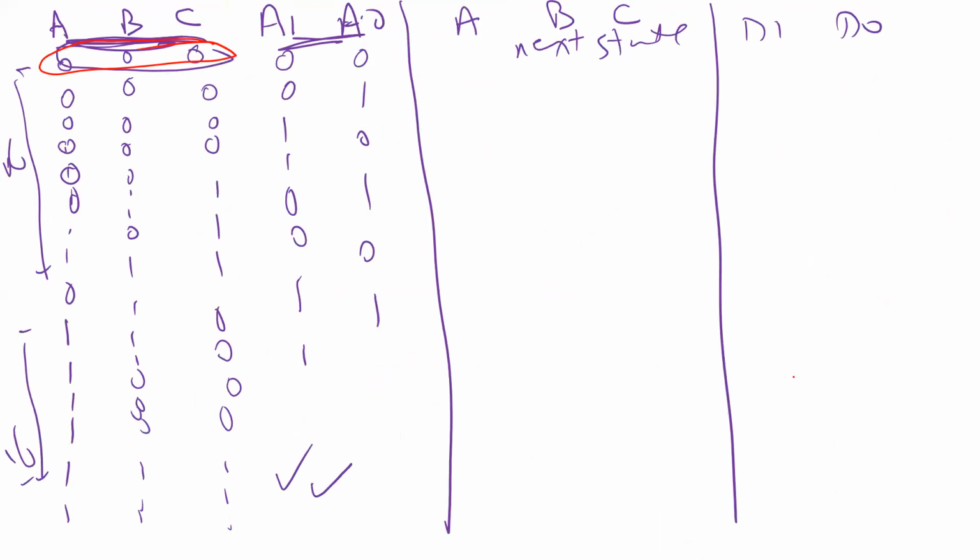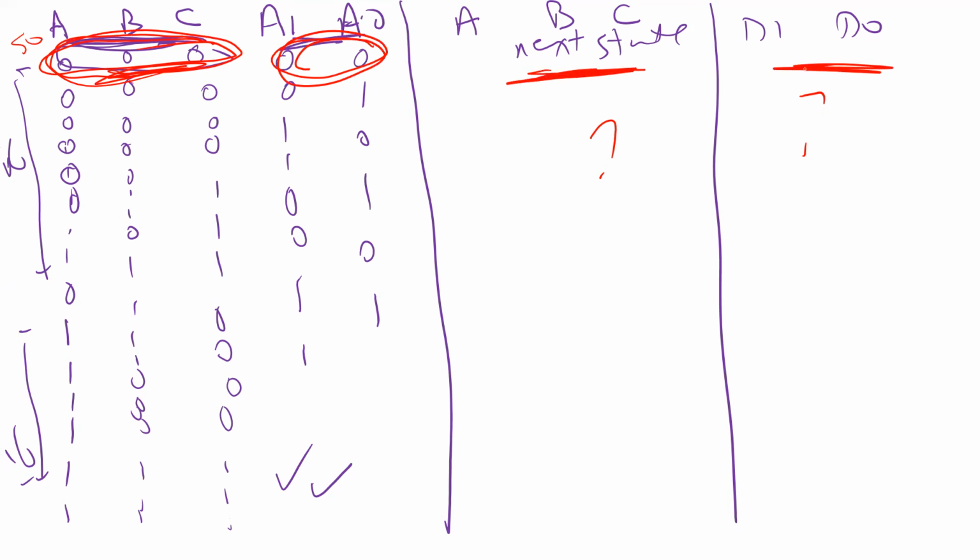That's what I'm going to do right now. I'm explaining how, using the state diagram you created, you can fill up this part. It's very simple. If I'm in state 0, 0, 0, which is state 0, and the input is 0, 0, what should be the next state and what should be the output?